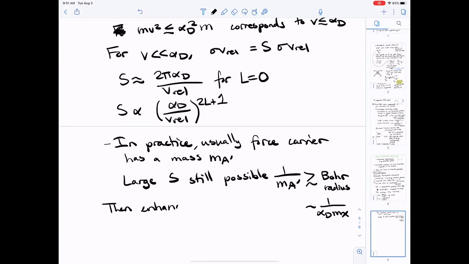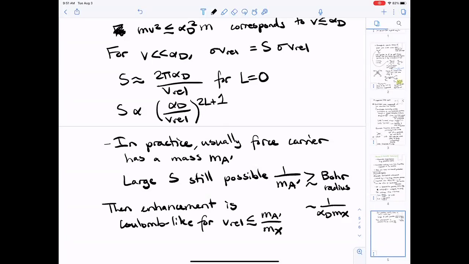then whether the enhancement looks like the Coulomb case or not depends on the velocity. If the velocity is large compared to the ratio of the force carrier mass to the dark matter mass, then you can basically approximate this as a Coulomb potential.